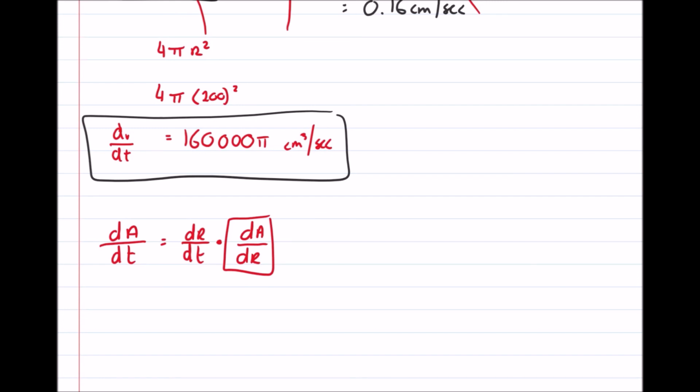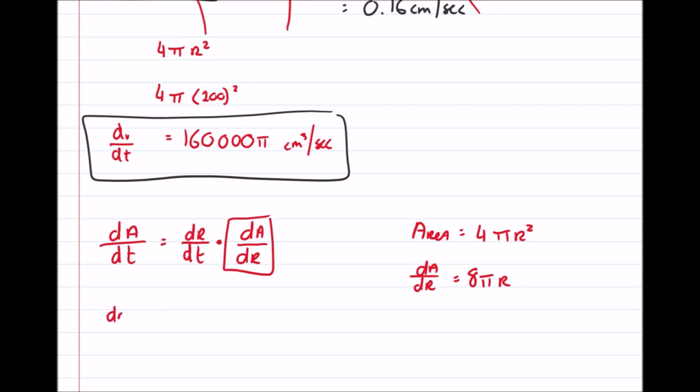So by any formula, area with respect to radius of a sphere, well, area of a sphere is 4 pi r squared. So if I differentiate that, dA/dr, I will get 8 pi r.